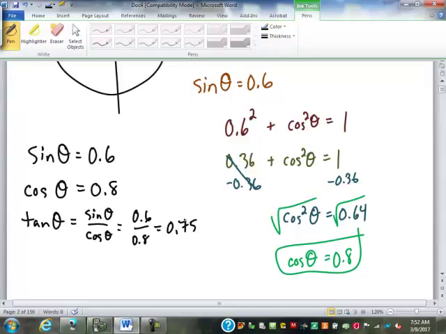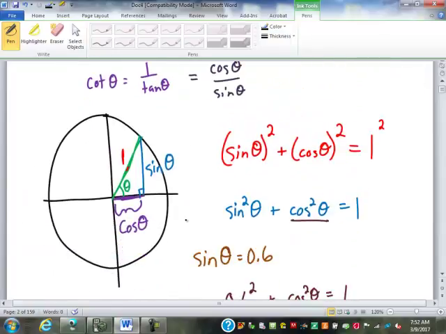Does that make sense? Go up one. See this? Tangent, this is the opposite, and this would be the adjacent. And those are always where the sine and cosine are.